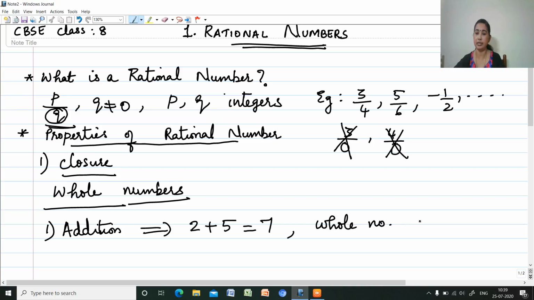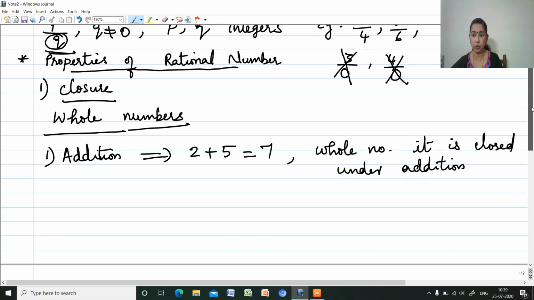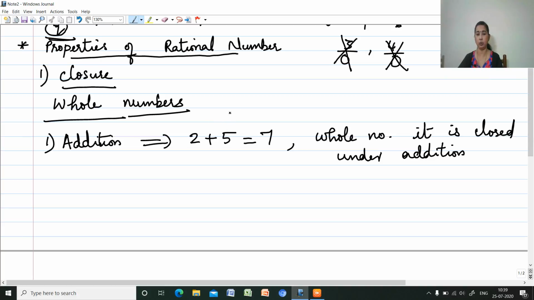So it is closed under addition, because if I'm adding two whole numbers, I get again a whole number. And before that, what is the set of whole numbers? The set of whole numbers starts with 0: 0, 1, 2, 3, etc.